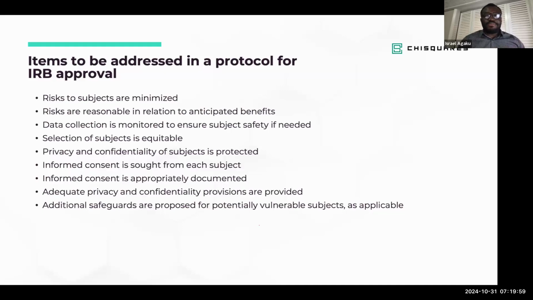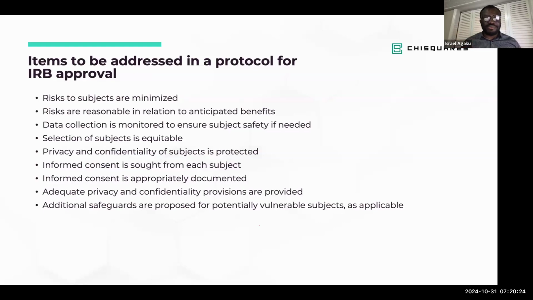So, items to be addressed in the protocol for ethics approval. You want to show that risks to subjects are minimized. You want to ensure that the risks are reasonable in relation to anticipated benefits. Obviously, I don't want to take medication for a headache and end up with cancer, right? The risks are completely disproportionate. Of course, we expect that there will be risks in every study.